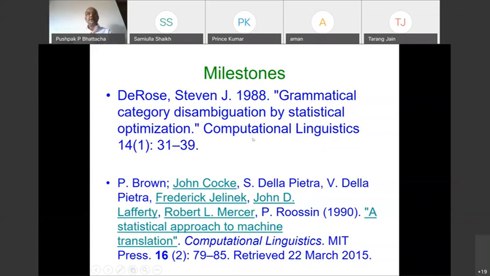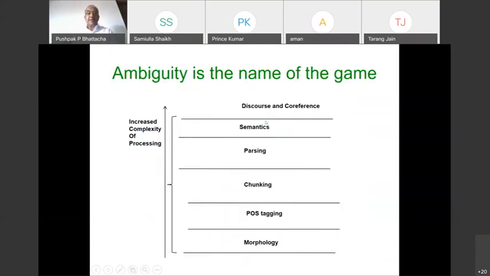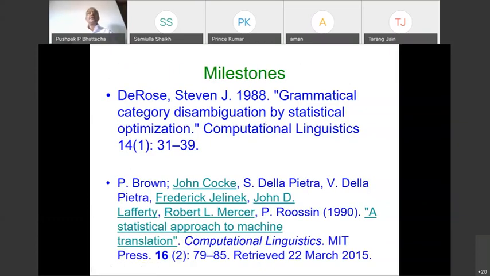So the world took note of this paradigm change coming in, but it became all the more noteworthy when Jelinek from AT&T Bell Labs showed that part of speech tagging accuracy improves dramatically when you train a hidden Markov model with part of speech annotated corpus. There is absolutely dramatic improvement.